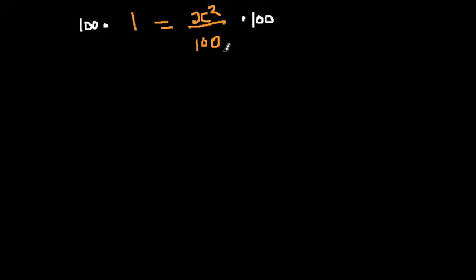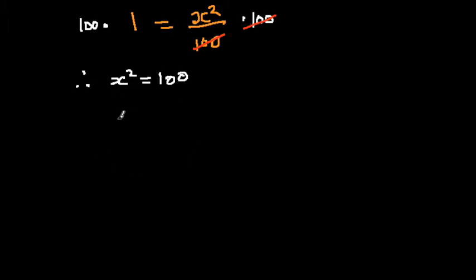By doing this, we can cancel out the 100s on the right side of the equation, and we can therefore say that x squared is equal to 100, which is something that we had already figured out a few steps earlier.